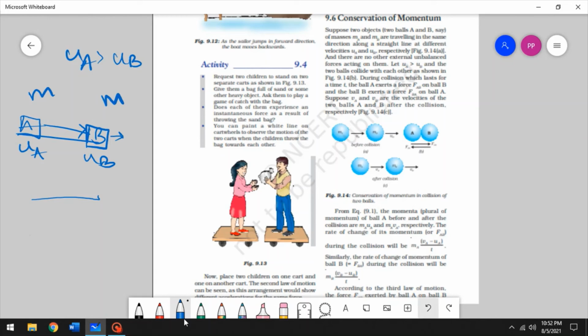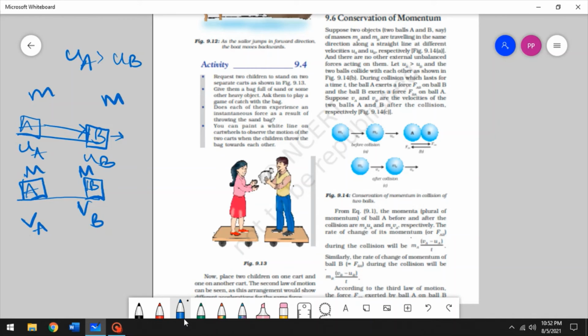After the collision, once they start moving again, with the same A and B, same positions, same masses, they start moving with final velocities v sub A and v sub B instead of u sub A and u sub B. So v sub A and v sub B are the velocities of objects A and B after the collision, and u sub A and u sub B are the velocities before the collision.